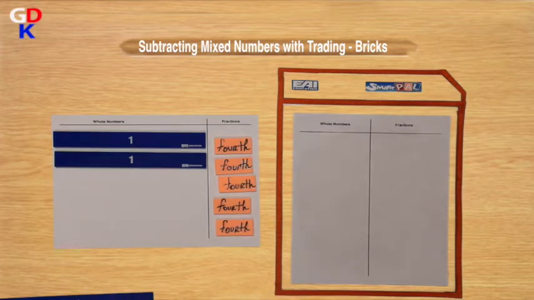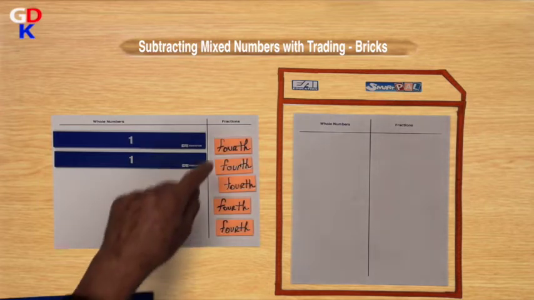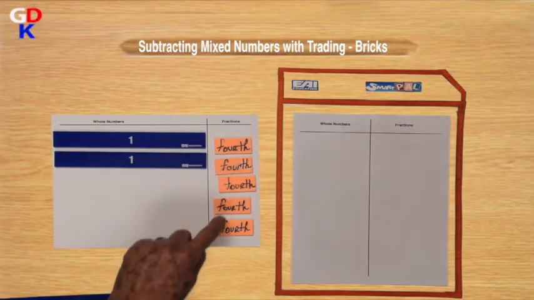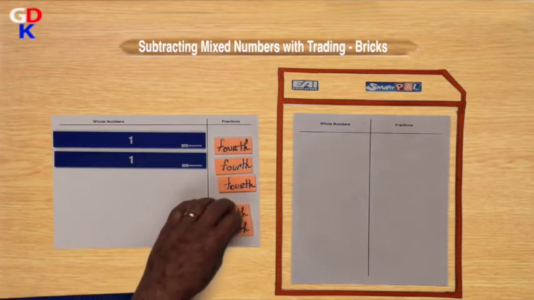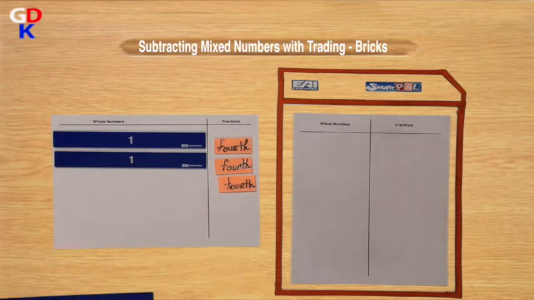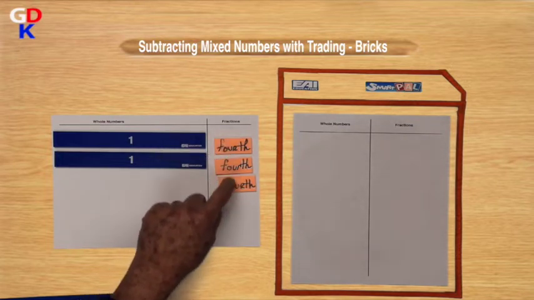Now we wanted to subtract 2/4. We now have 1, 2, 3, 4, 5/4. We can now subtract 2/4. That leaves us with 3/4.